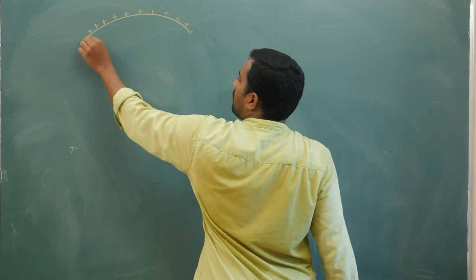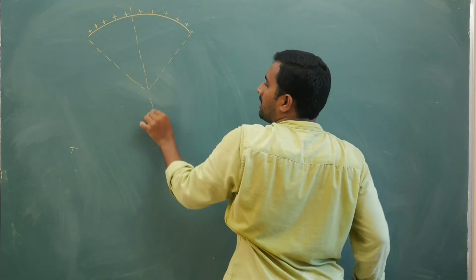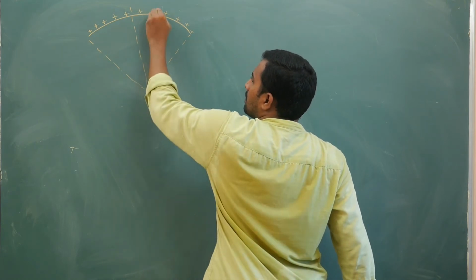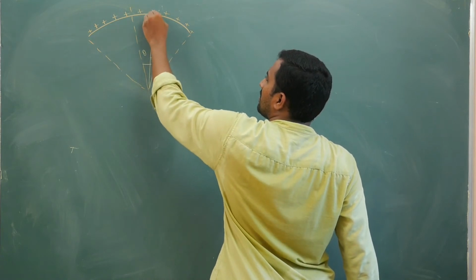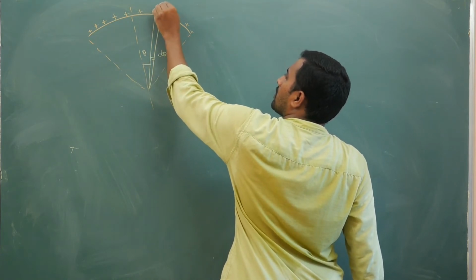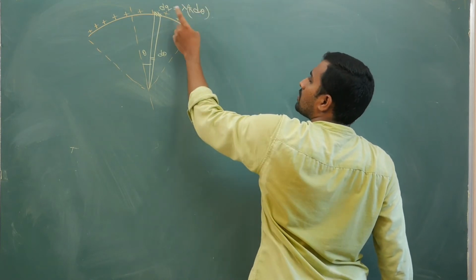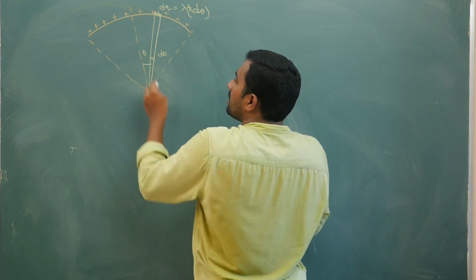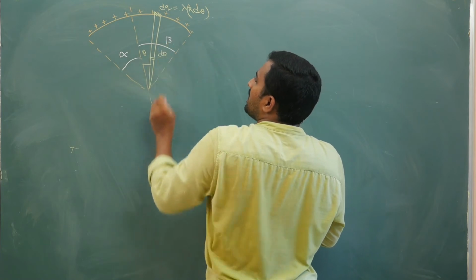If I try to calculate potential here, your potential is a scalar quantity. Even though you take a strip here, if this angle is theta, this angle is d theta, so your small charge dq is lambda times r into d theta. Your small arc length is r d theta. This angle is alpha, this angle is beta.